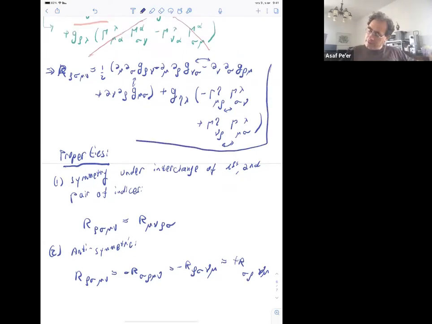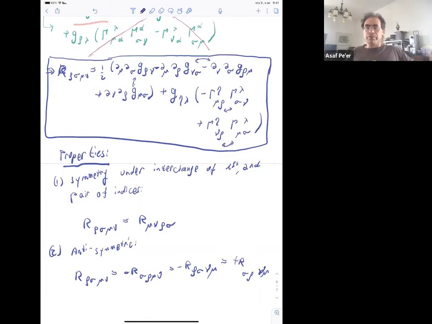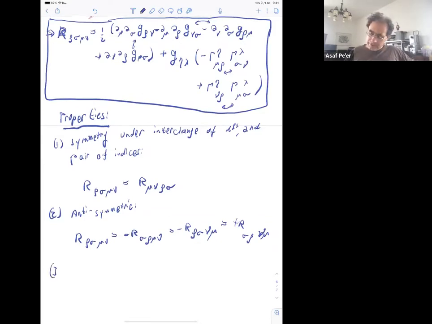Just look at that. All the properties are just falling straight into your eyes, I hope. And the third is what's called cyclicity. A cyclic permutation of the last three indices vanishes.